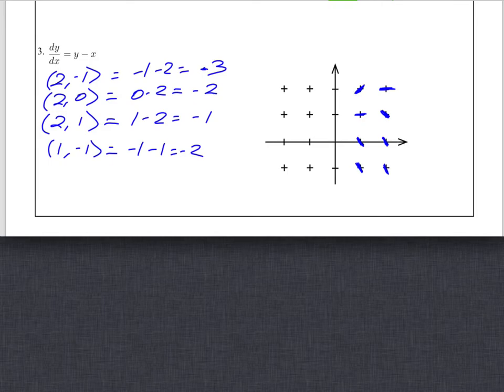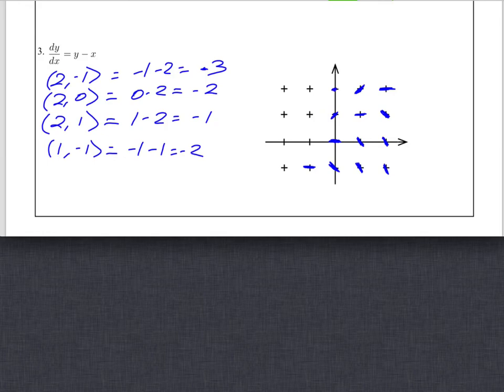Anybody see another pattern? There's horizontal, like the diagonal. So what's this one going to be? Horizontal. And this one right here? It should be 1. What about this one? This one was -1, so this one's 1.